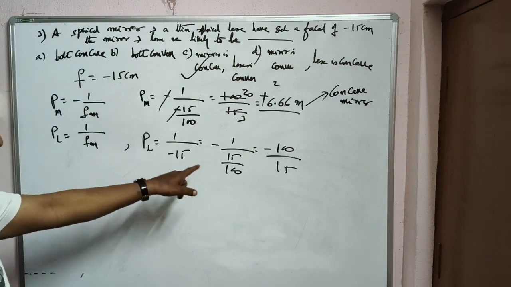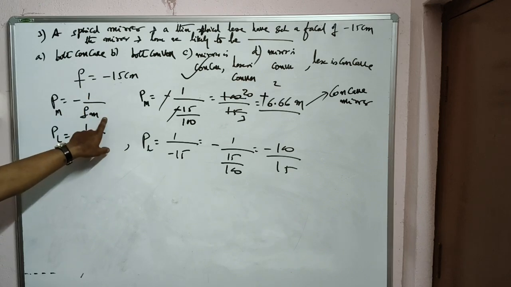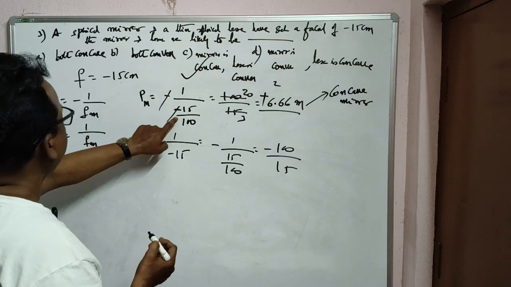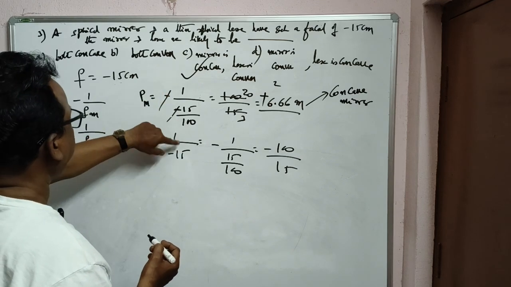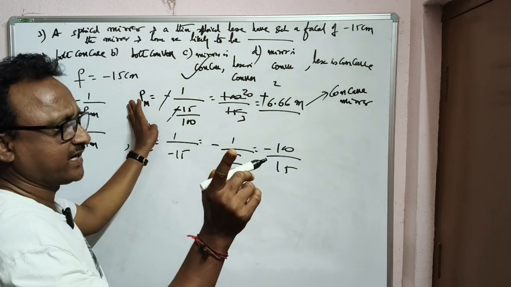Are you following the point here? The formula for lenses is 1 by F, for mirror it is minus 1 by F. Here both minuses are cancelled, so we got a positive value, and power is positive means it is a concave mirror.